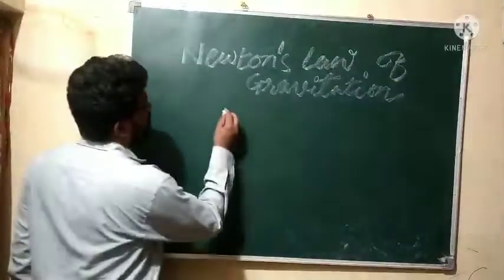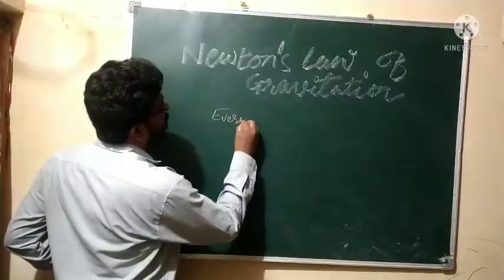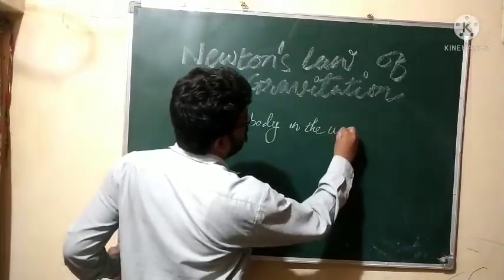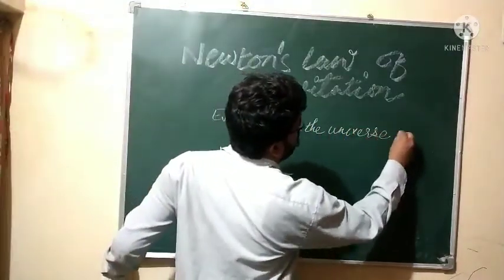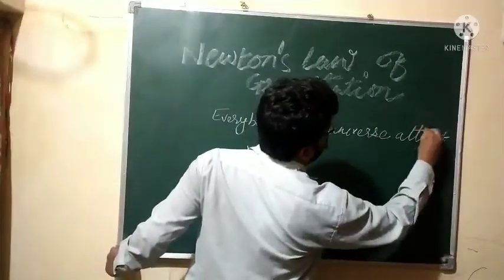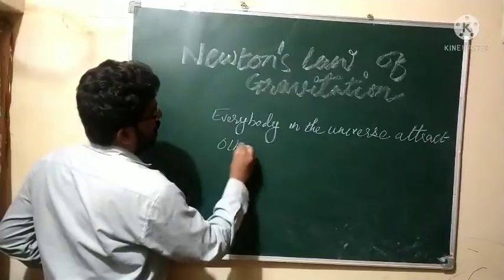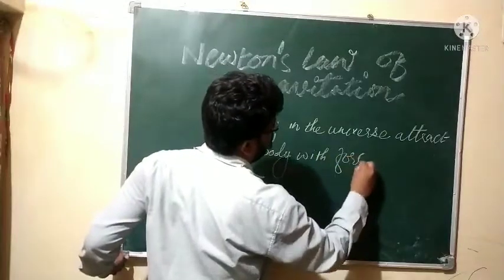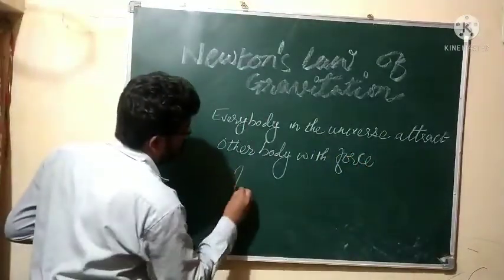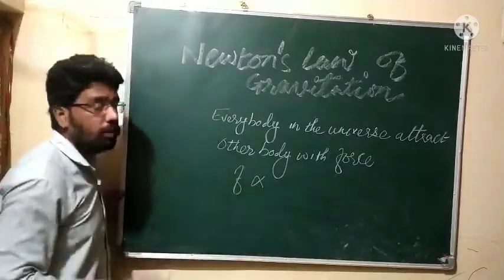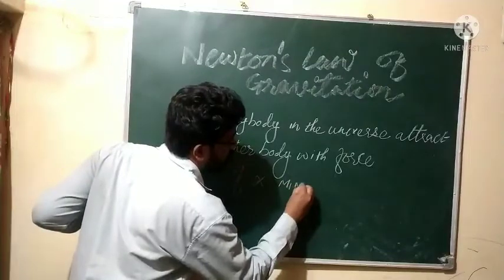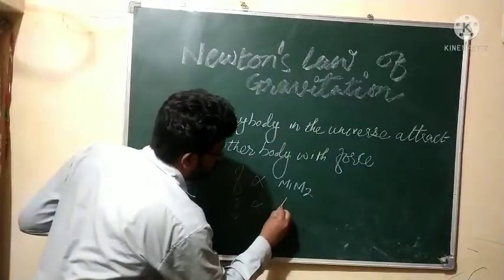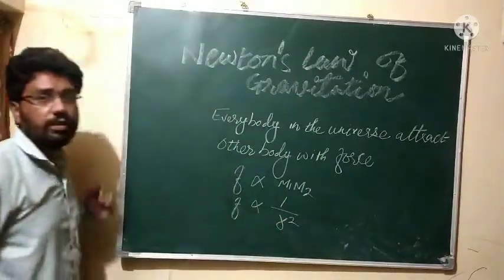Newton says that every body in the universe attracts other body with force, and this force is directly proportional to the product of mass of these two bodies, and this force is inversely proportional to the square of the distance between these two bodies.